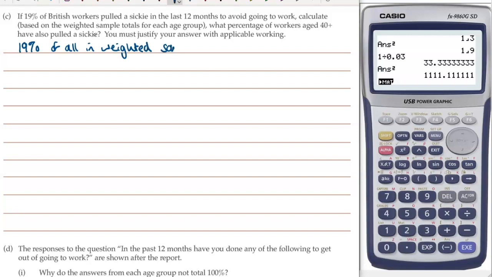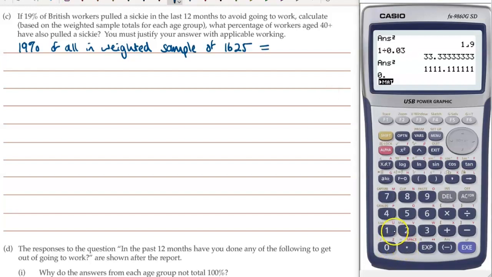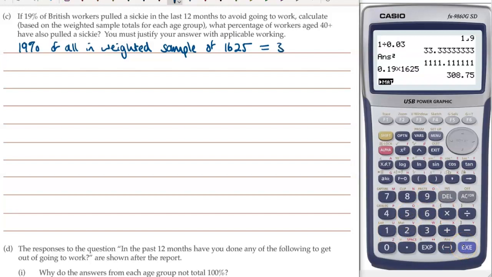In the weighted sample we had 1,625. 0.19 times 1,625 means we've got 308.7 that took a sickie. Now I know we can't have 0.75 of a person, but we're going to work with the maths of it rather than round that up to a whole person.